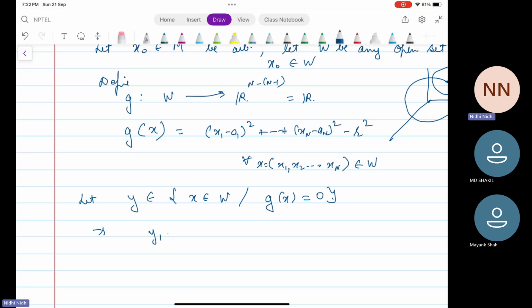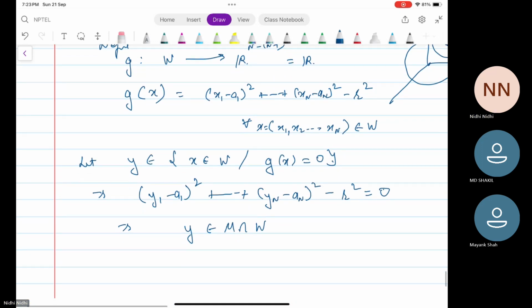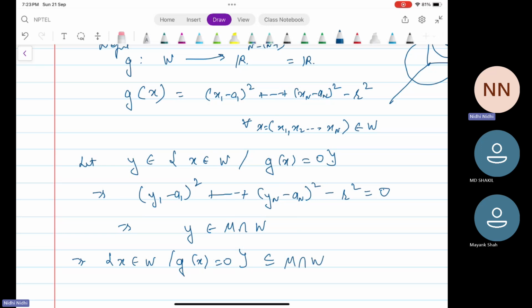In that case, (y1 minus a1) squared, and so on up to (yn minus an) squared, minus r squared, is equal to 0. This implies y belongs to M, and since it was an element of W itself, I can write it as M intersection W. So the level set {x in W : G(x) = 0} is a subset of M intersection W.